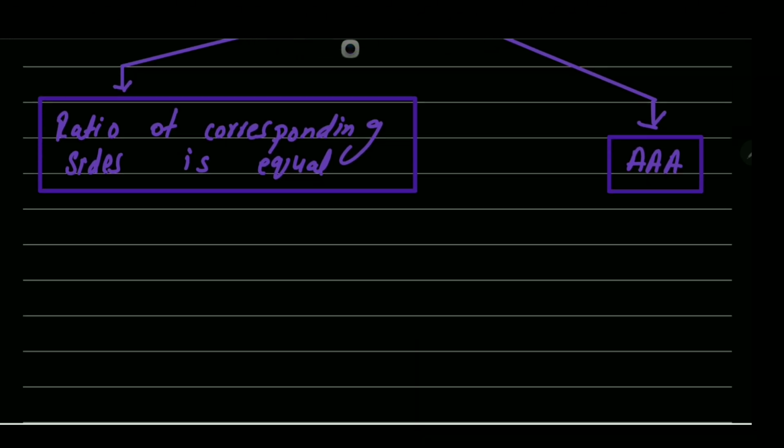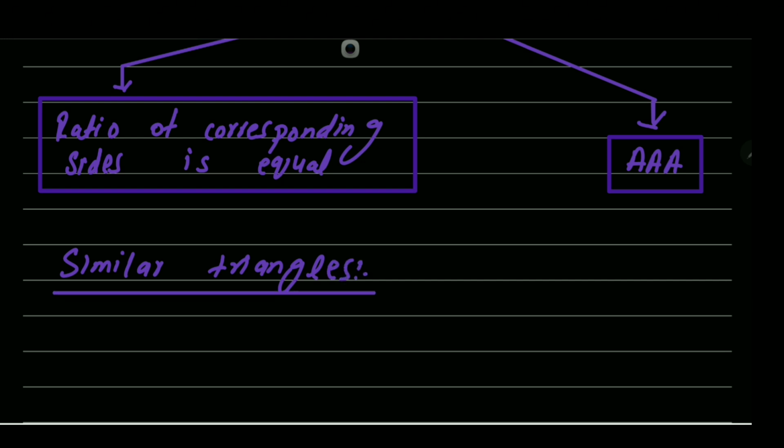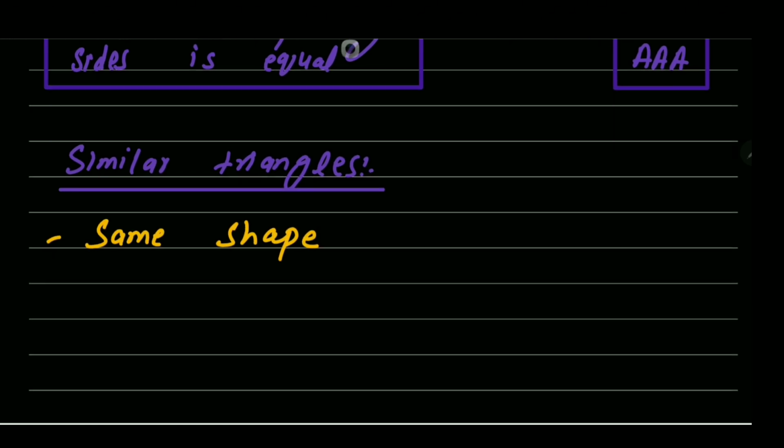Okay, so what is the definition of similar triangles? First thing, they will have same shape. Second, they will have same angles.